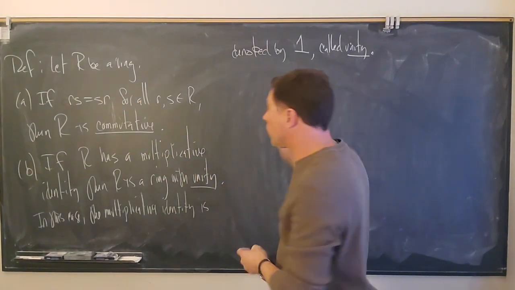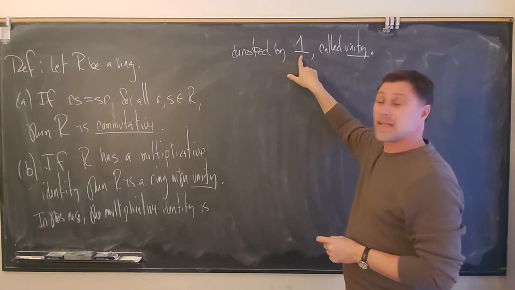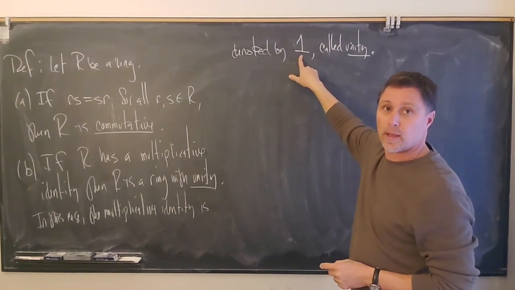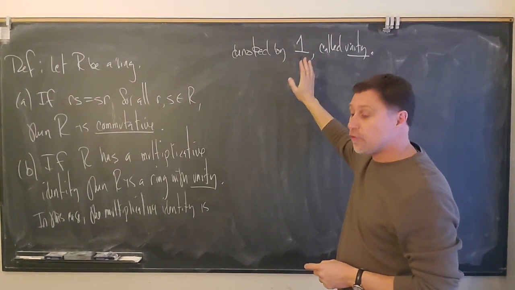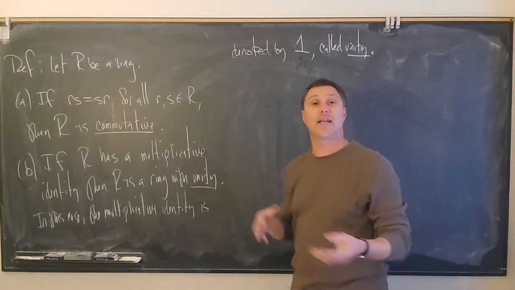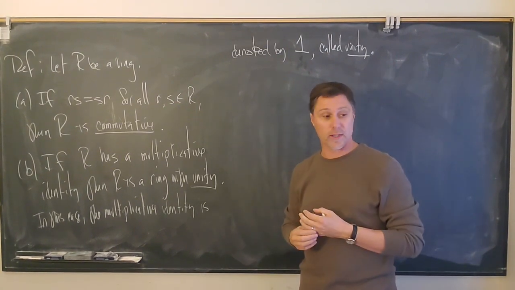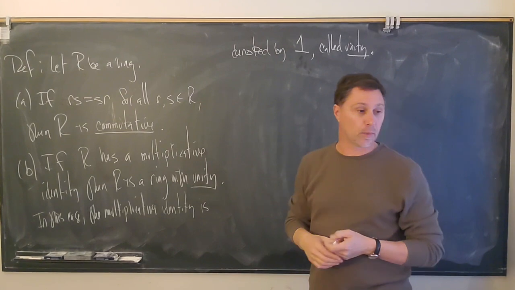What I want to point out here is that this is not necessarily the number 1. It is the symbol we use for the multiplicative identity in whatever ring we're working with. So generically, we use the symbol 1.